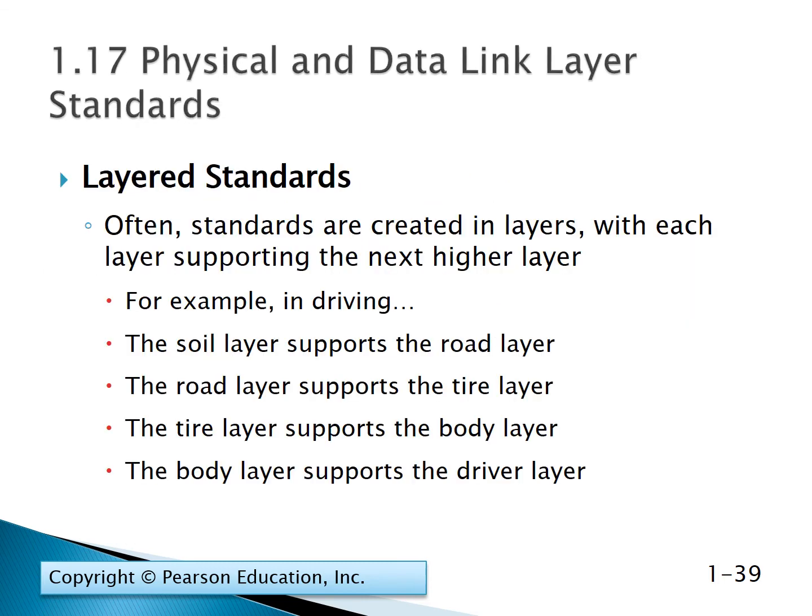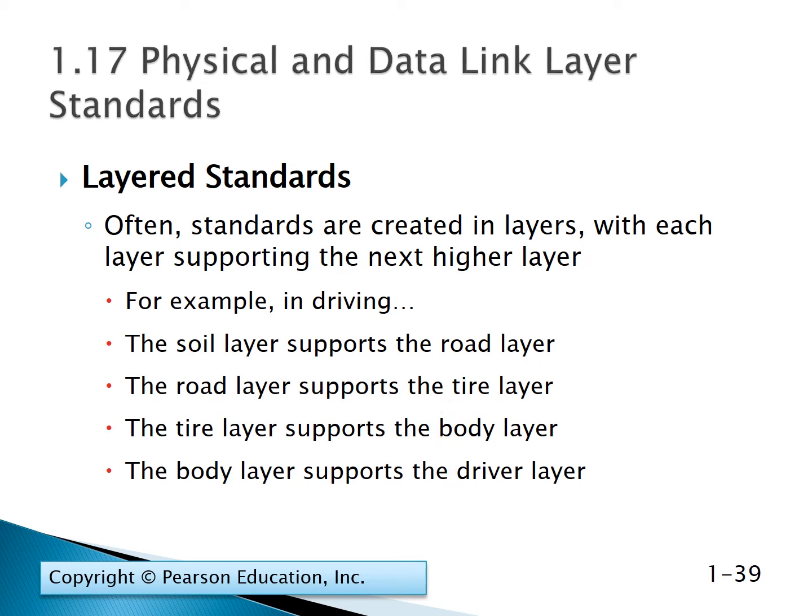In computer networking, we have different layers of standards. Often the standards are created in layers, with each layer supporting the next higher layer. For example, if you are driving a car, then the soil layer supports the road layer. The road layer supports the tire layer, which supports the body layer, and so on.